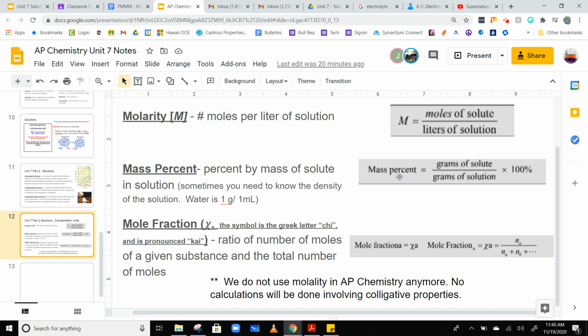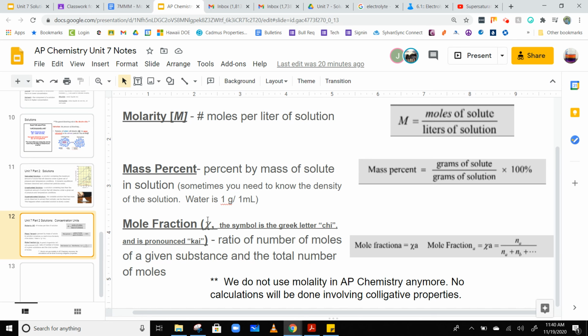That one's pretty simple too. And then mole fraction. Mole fraction is the ratio of the number of moles of a given substance over the total number of moles. So it's just a fraction. It's part over whole. And when we talk about part over whole, we're talking about the solute usually over the solvent plus the solute.